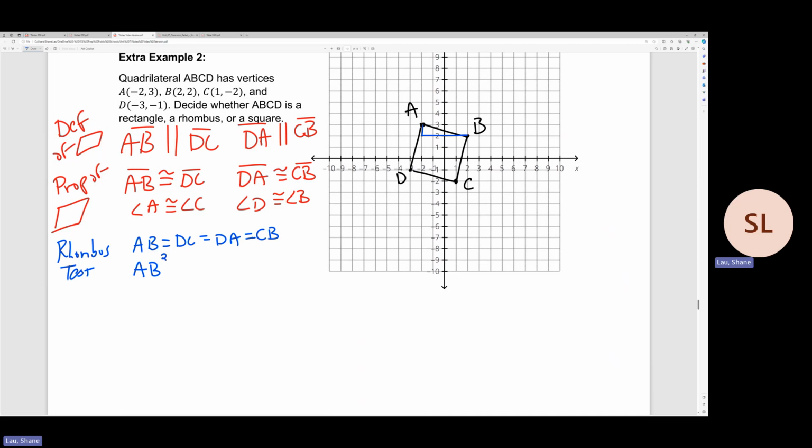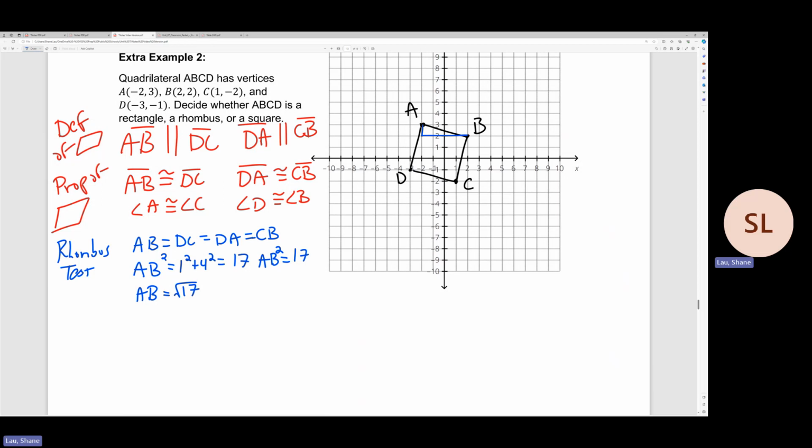So we'll do AB squared equals 1 squared plus 4 squared, and that's going to equal 17. So AB squared equals 17, and AB is the square root of 17. You don't have to get any further, just leave it at that.